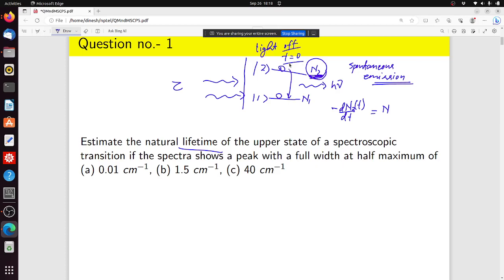And you know the spontaneous emission depends on Einstein coefficient A. So if we do the integration, we will get n2(t) is equal to n2(0) e to the power minus At. Okay. This A is now called the decay constant.